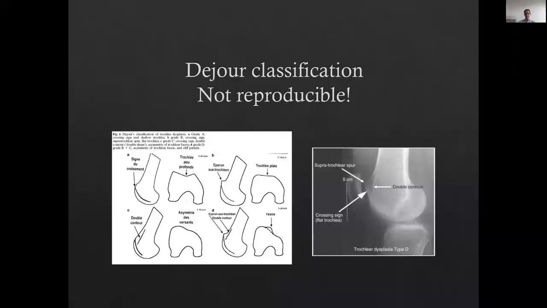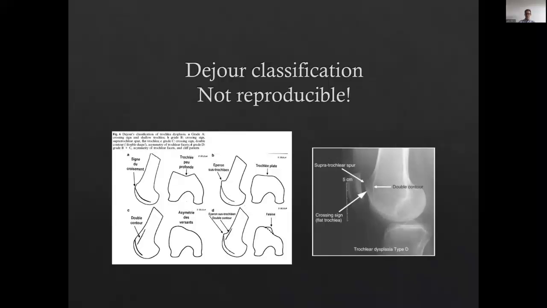The Dejour classification, the one from David Dejour, is the most popular, the four-type classification. This is not reproducible, and that's a big problem. It's very good to see what is really going on, with the trochlear spur, the double contour, the crossing sign, the cliff sign, and so on.